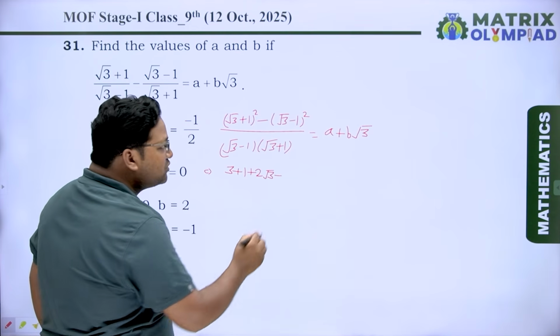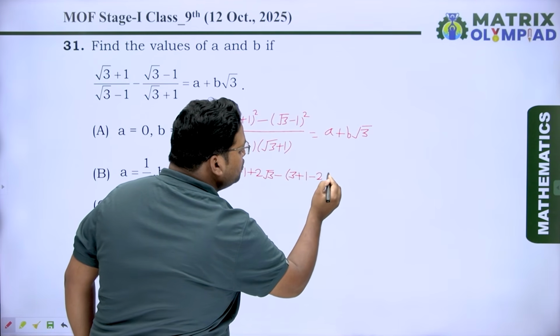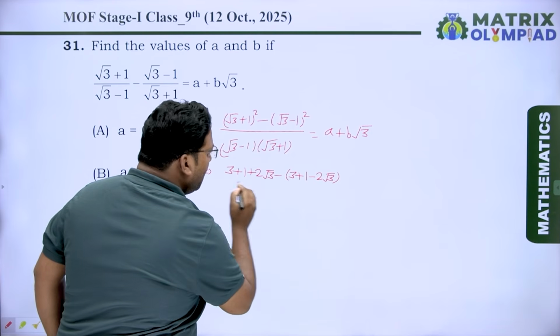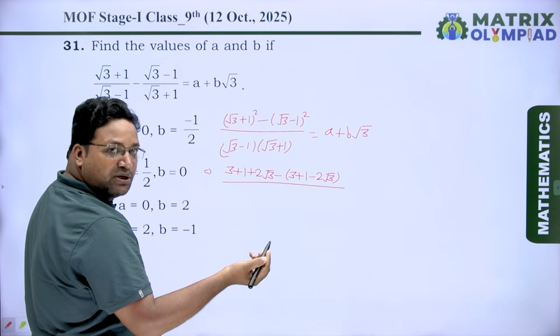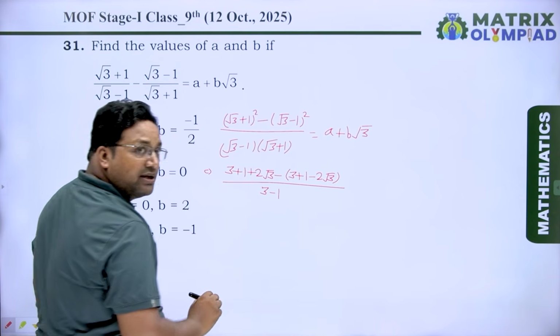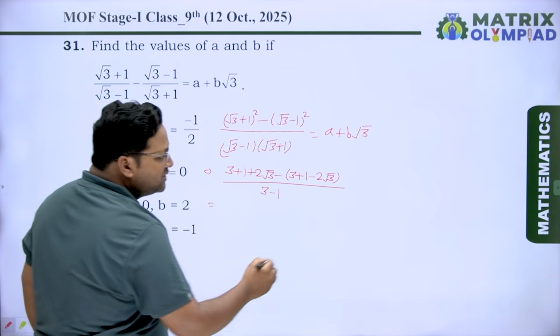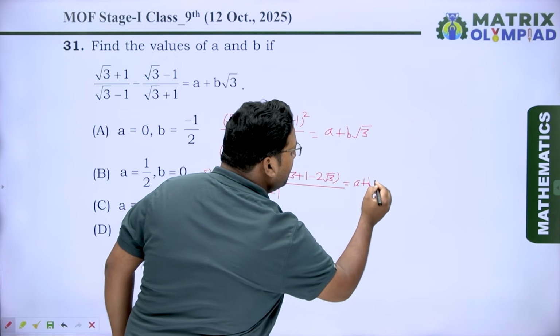Next, minus root 3 square is 3, plus 1 minus 2 under root 3, upon root 3 minus 1 into root 3 plus 1, which is A square minus B square. So root 3 square is 3, minus 1 square is 1. This is equal to the given A plus B under root 3.